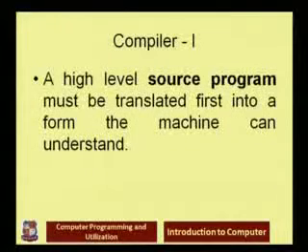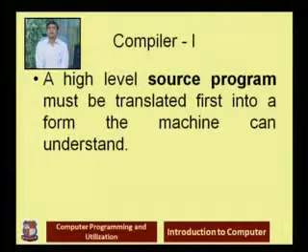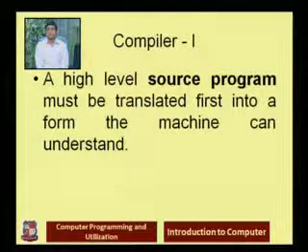Now the compiler. When we write any high level program, it is required to translate the high level program into a machine language program. For translating a high level source program into a machine language program, we require some special purpose software, that is, a translator, and one such translator is our compiler.